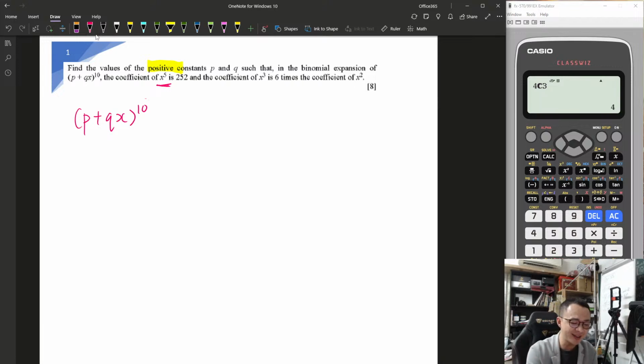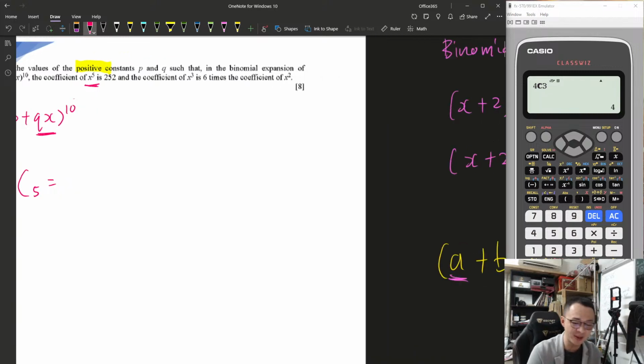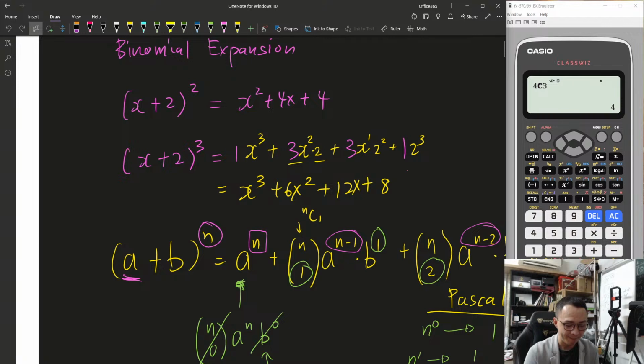But I understand something. If I do 10c5, I can straight away get x power of 5. Why? Because remember just now I showed you the power of b follows my nCr, because this one is supposedly nCr, right?